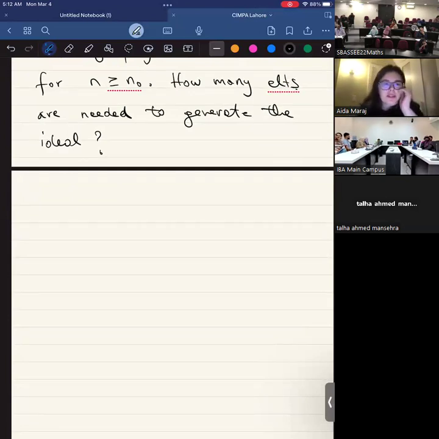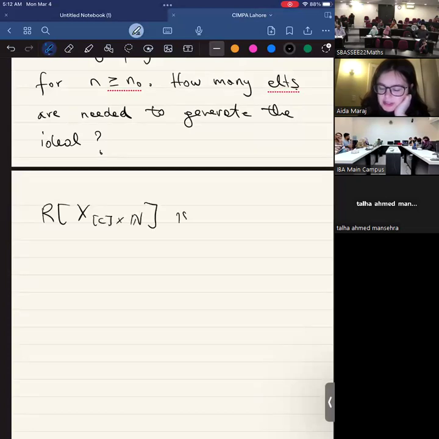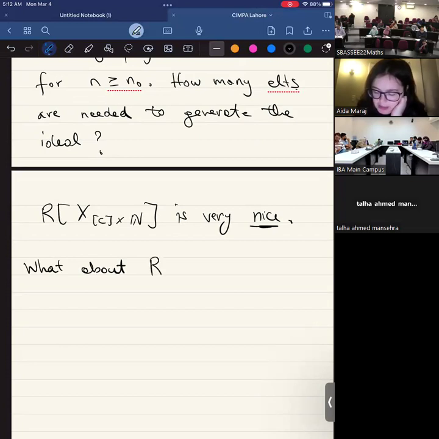Okay, so now we did mention things about this polynomial ring R of x_{c times n}, which is very friendly, very nice. Now, what about, let's say, R of x_{n times n}?